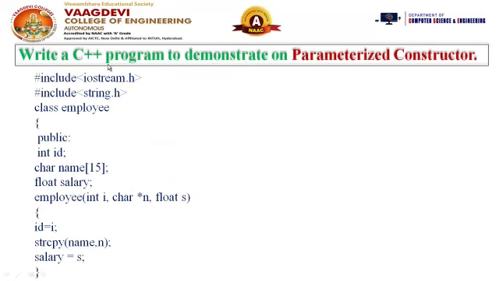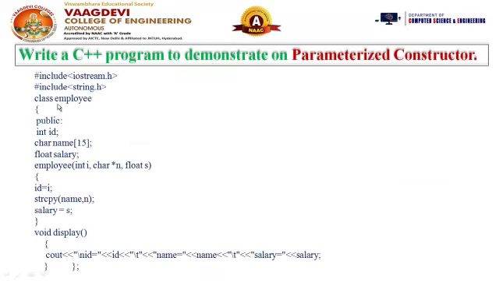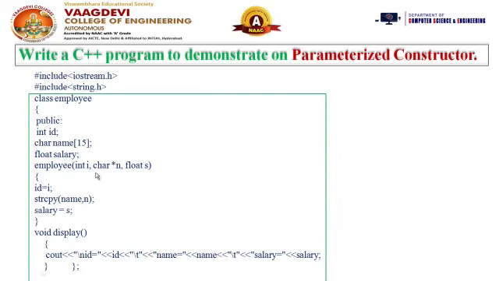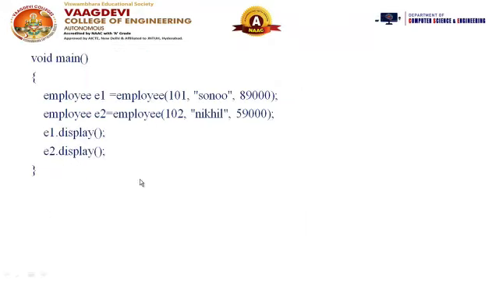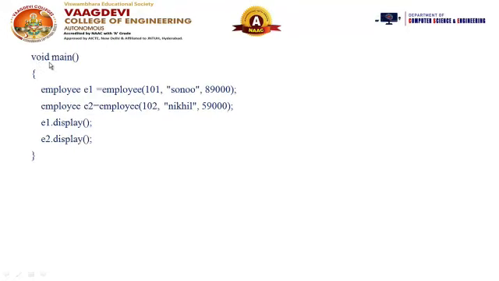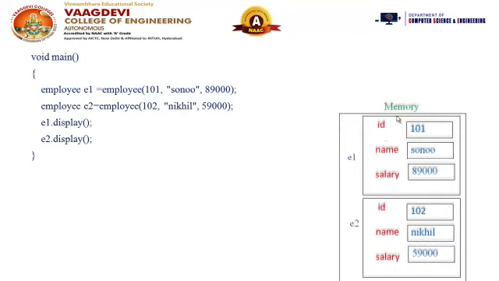Let's see a program to demonstrate the parameterized constructor. This is a declaration for a class named employee and this is a constructor definition with parameters. The execution starts from the main function. In the main function, the first two statements create two different objects for the employee class.